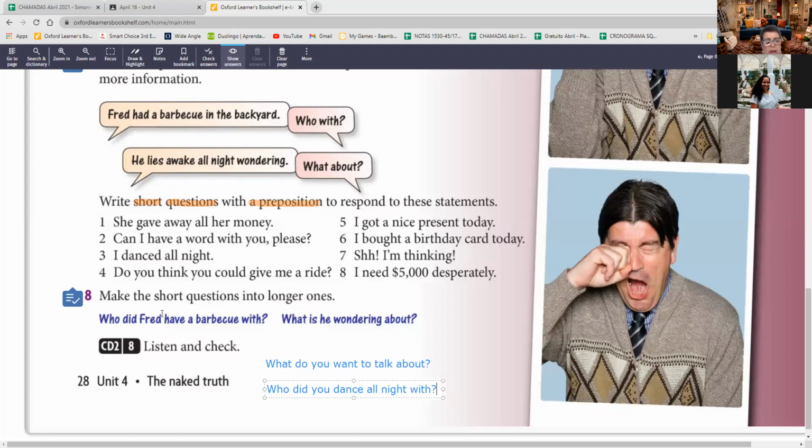Number 4. Let me just mark here and put the numbers. This is number 2, number 3. Now, number 4. Do you think you could give me a ride? Our question was, where to? So let's put here.